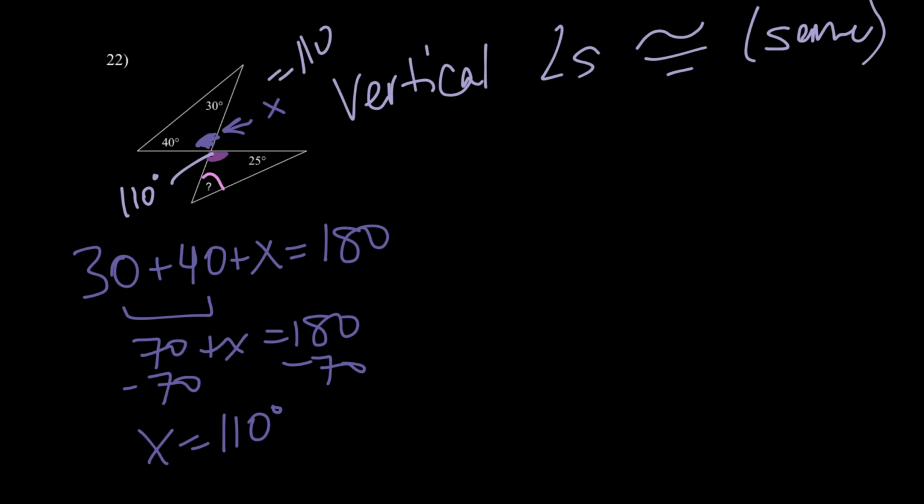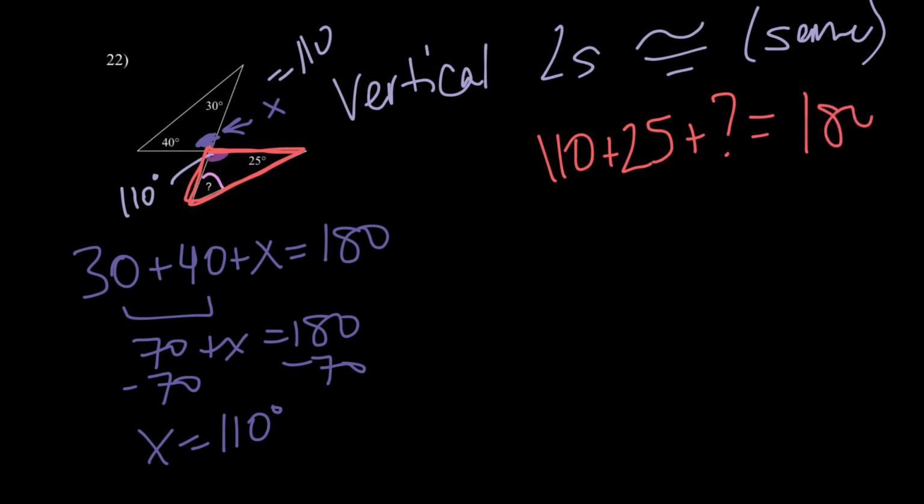And then once I get that part set up, now I know that all 3 angles in this triangle, so 110 plus 25 plus question mark, must equal 180 degrees by the Triangle Sum Theorem once again.